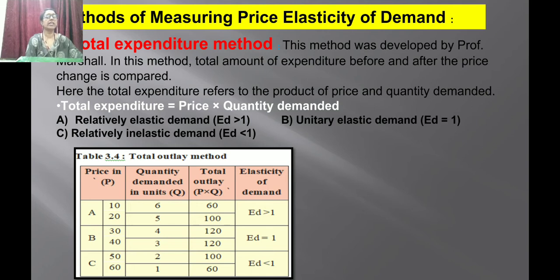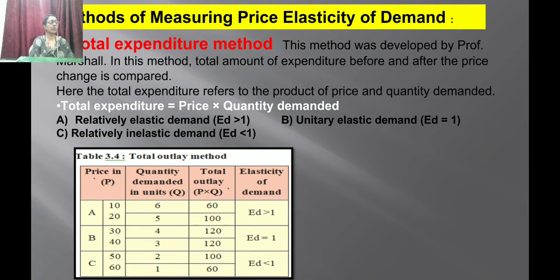Now in B, 30 into 4 is 120 and 40 into 3 is 120. So the total outlay, the expenditure, is the same, so the elasticity is equal to 1. And for commodity C, 50 into 2 is 100 and 60 into 1 is 60. So the change is less.